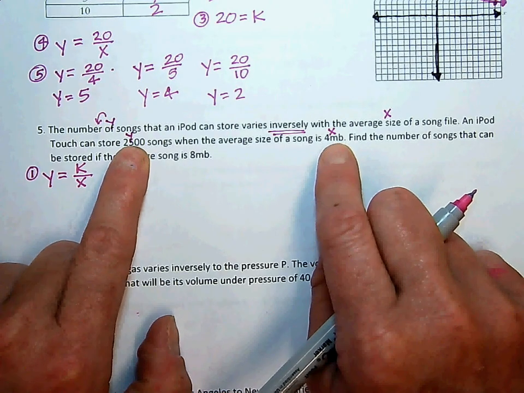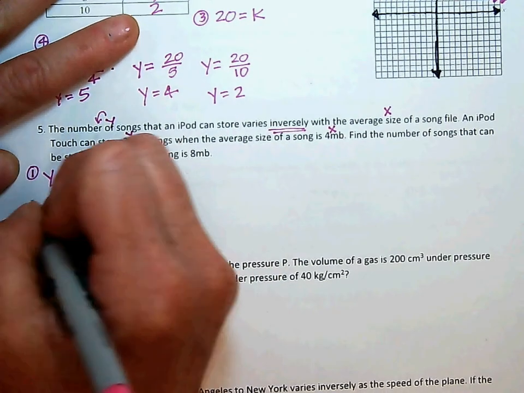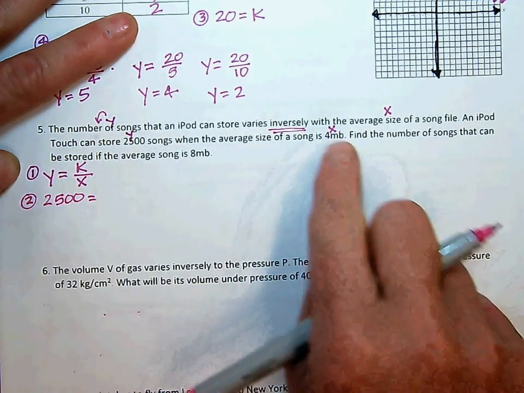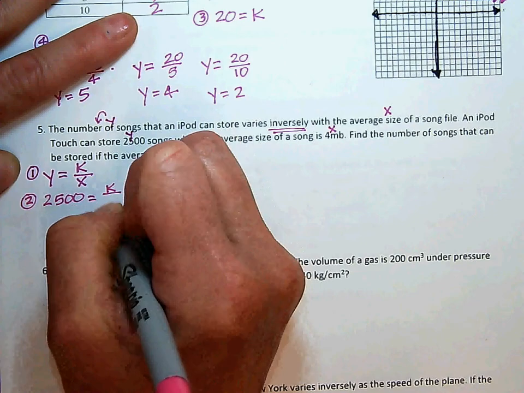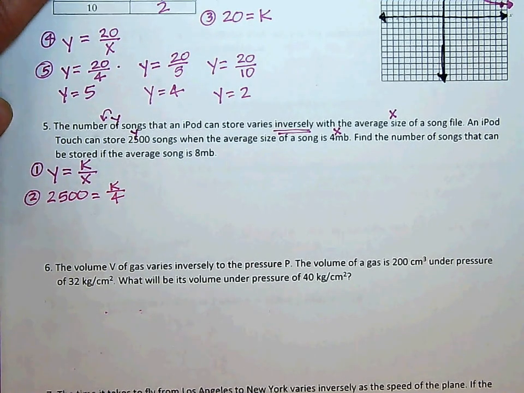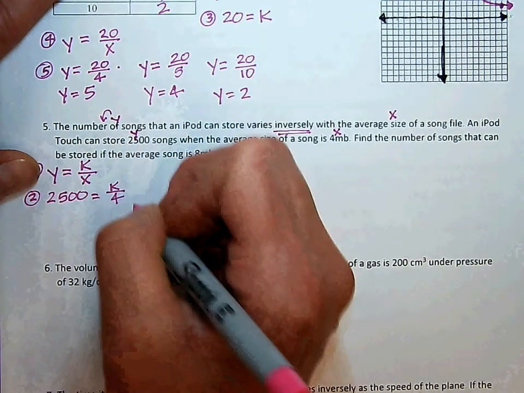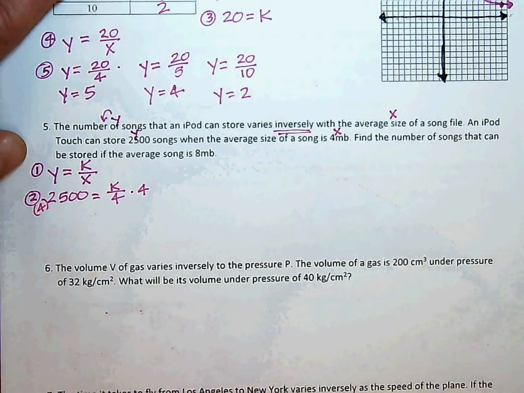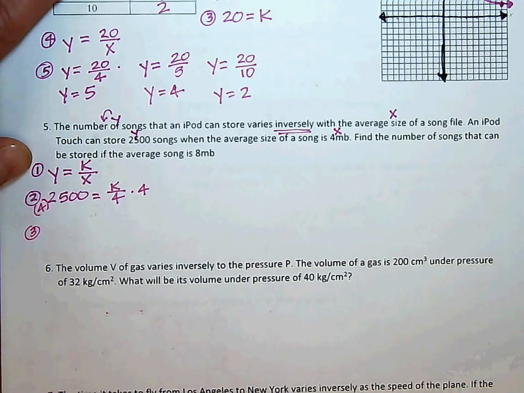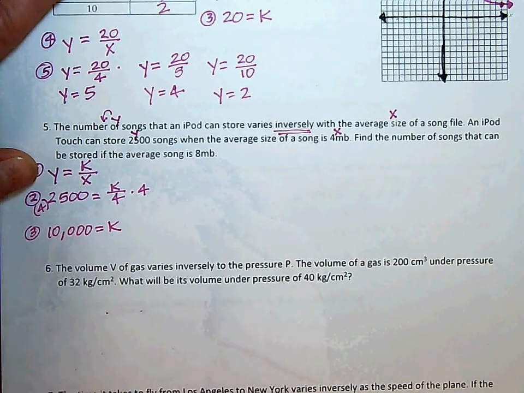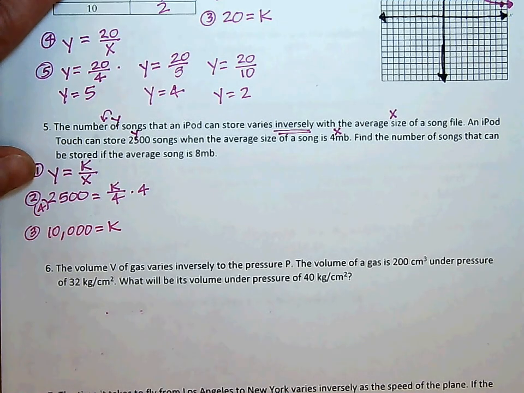So 2,500 equals K over 4. To solve for K, that's step 3, what are you going to do? Multiply by 4 on both sides. So times 4 and times 4. That's 10,000. That's my constant of variation.